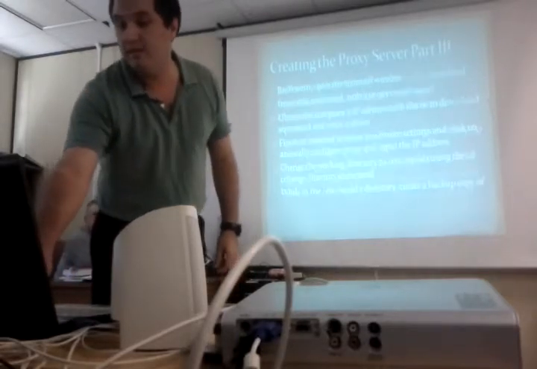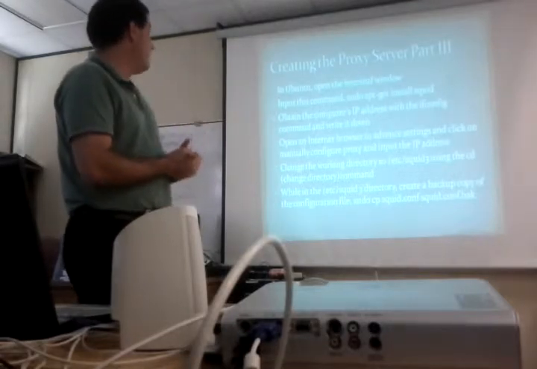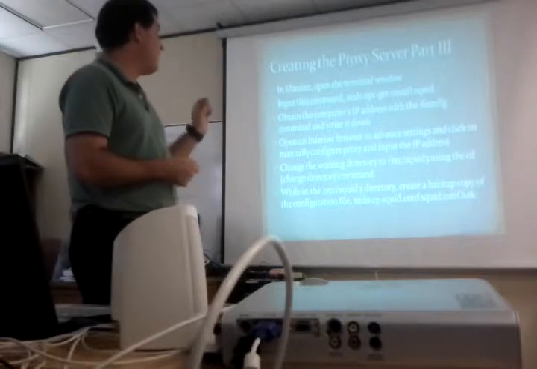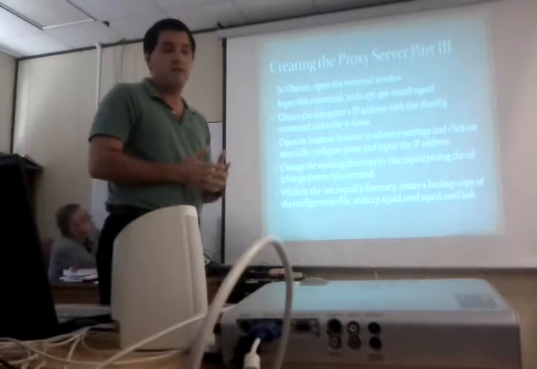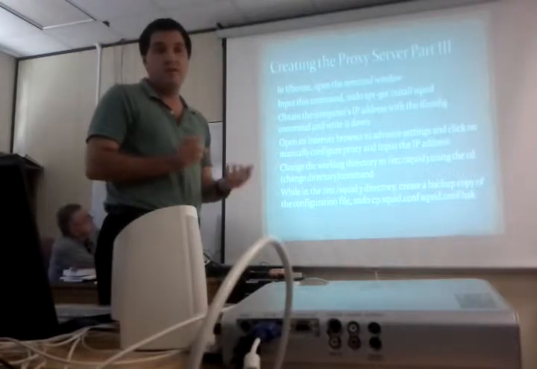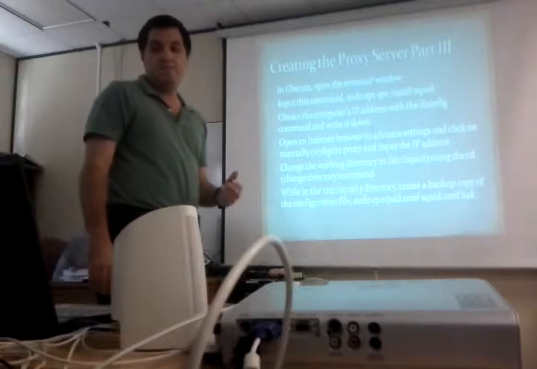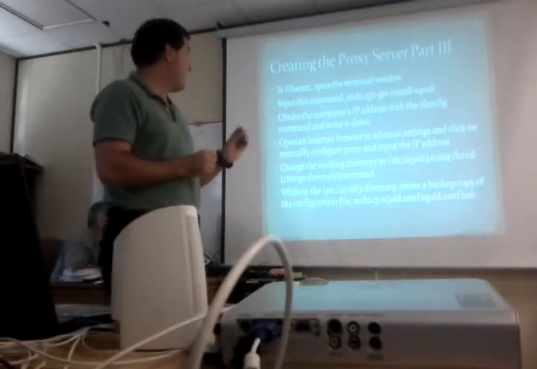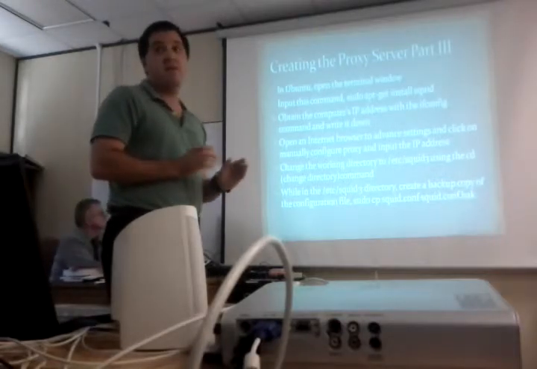The first thing I did was I opened the terminal window, and then I input the following command: sudo apt-get install squid. And then it'll ask me to input my password and ask me a prompt, and then it'll download the files. And then the next thing I did was type in ifconfig, which is used to figure out the IP address of your current machine.